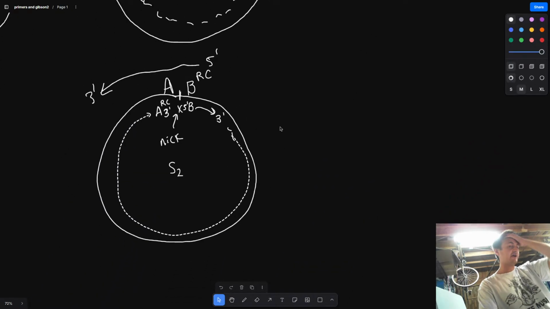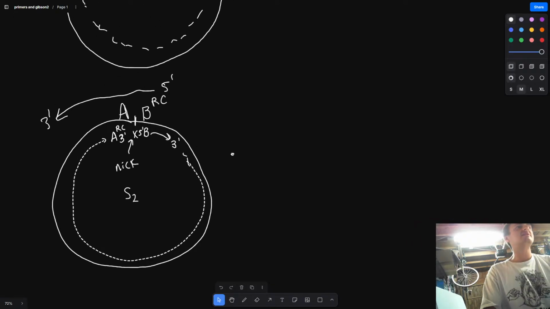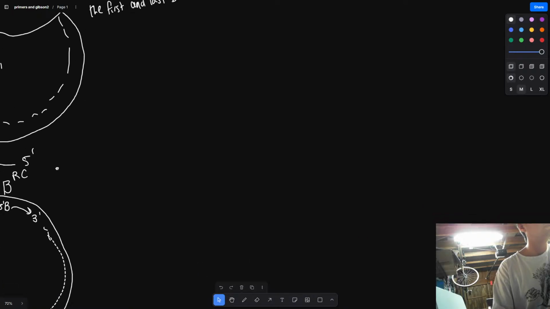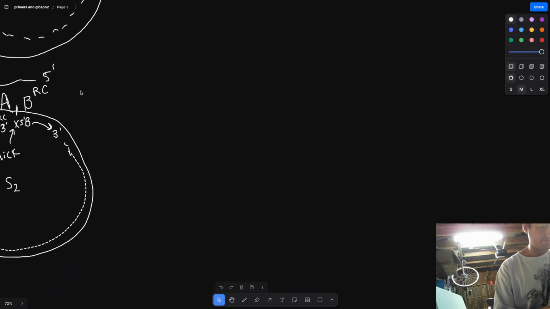Okay, now we finally get into why this causes linearization. So let's consider what happens here. Maybe I'll draw a circle like this. Okay, so we're going to draw an arrow here, denature.